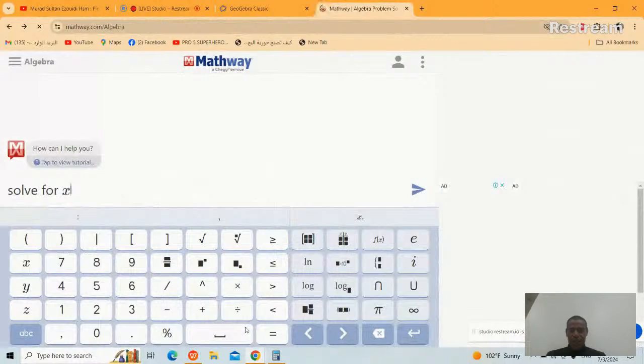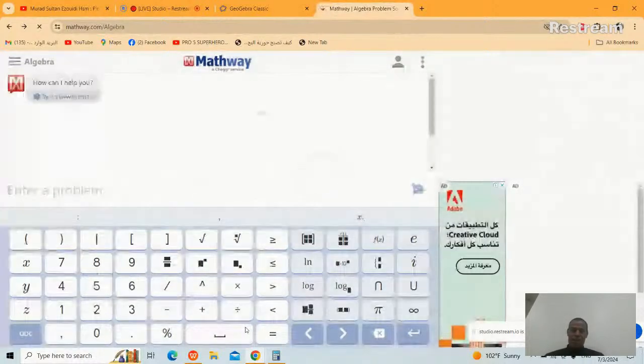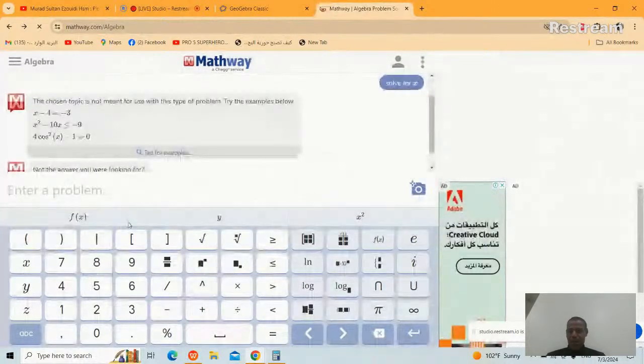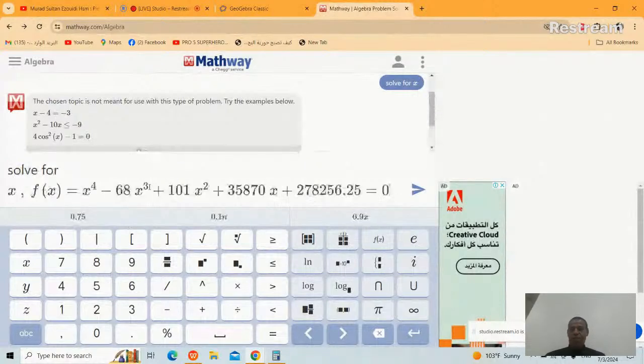The chosen topic is not meant for use with this type of problem. I told you, solve for x. I will give you now, comma, okay, Control V.